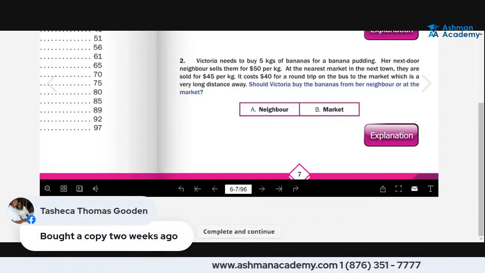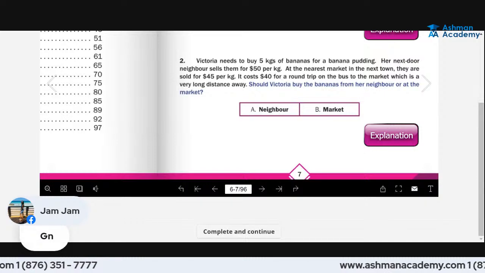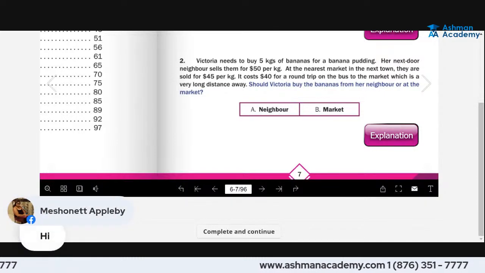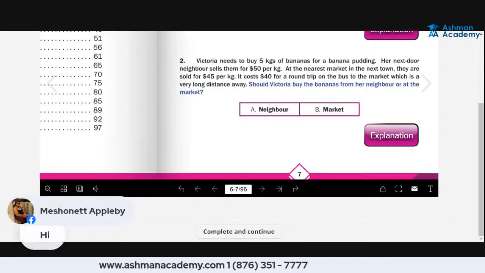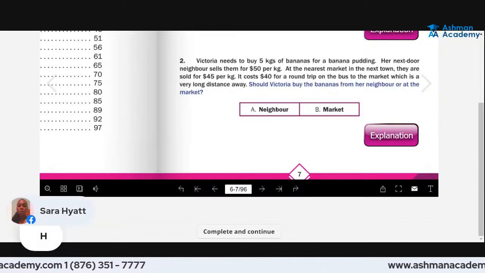Tashika is saying that she bought a copy 2 weeks ago. Good job, Tashi, because we're going to be using it. Jam Jam is saying good night. Missionette Appleby is saying hi. Sybil Davis is saying good night. Missionette Appleby is saying hi again. Okay, so it is 1 minute.